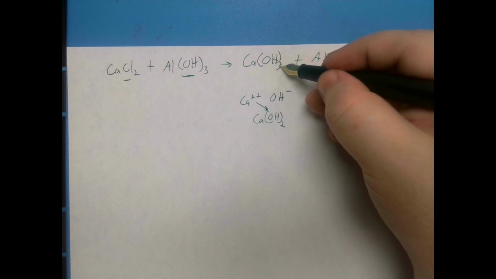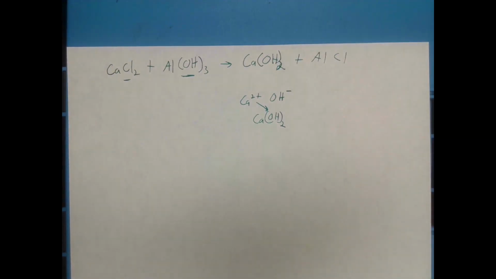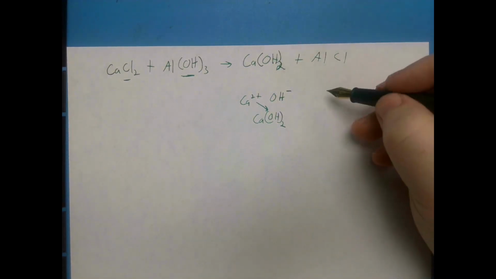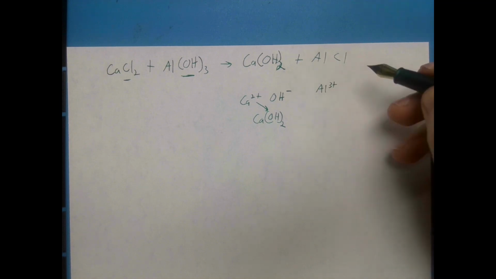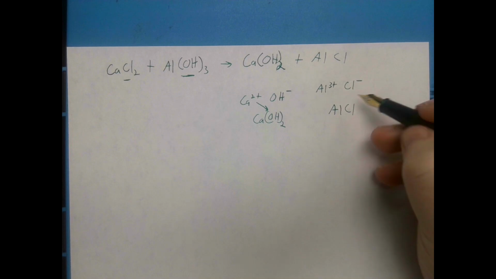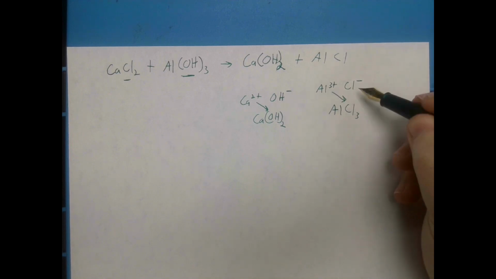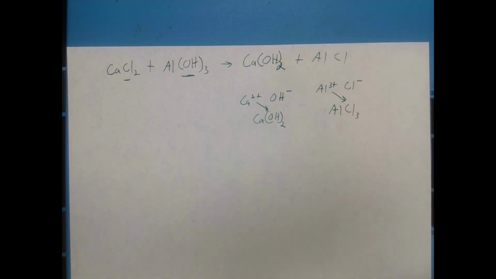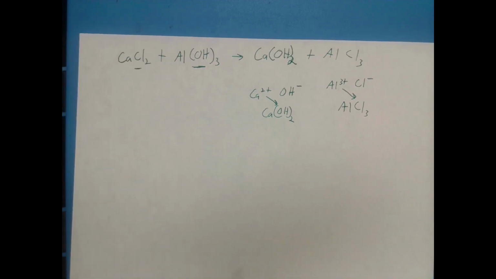And I put 3, that should be 2. Likewise over here, aluminum is 3+, chlorine is negative, so when they combine, we need 3 chlorine for every 1 aluminum. So this gives us a complete equation, but it's unbalanced.